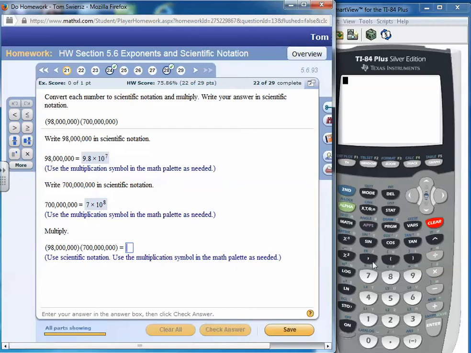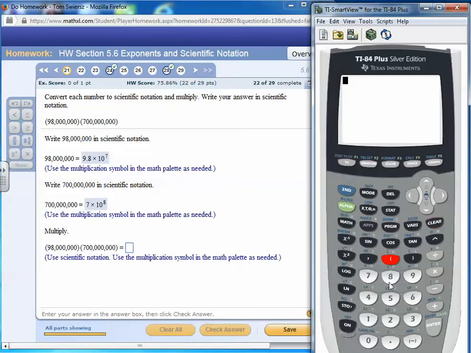So now we can use our calculator, right? So we can go ahead and do 9.8 times 10 to the 7th power times 7 times 10 to the 8th power.